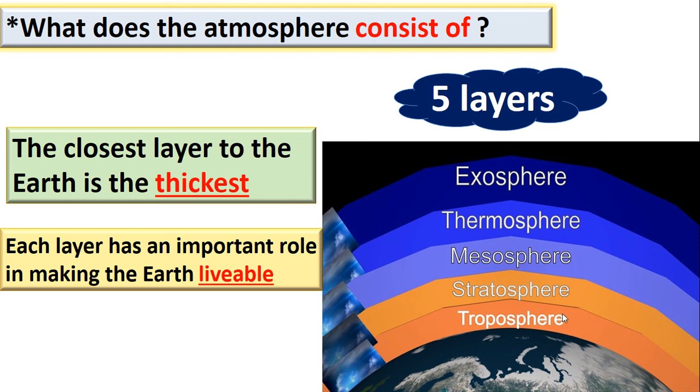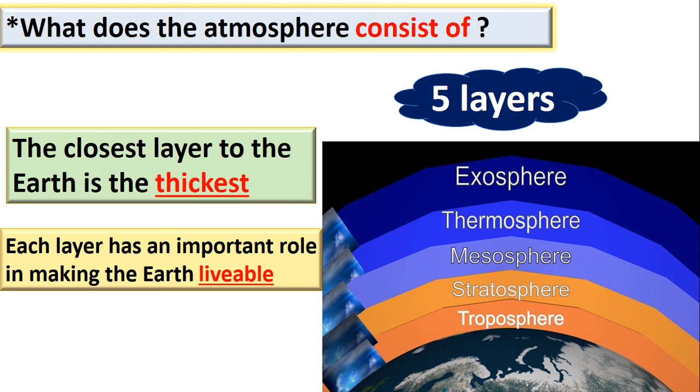So most of the gases inside the atmosphere are in the closest layer. So this closest layer consists of the most gases. So it is the thickest one. So the closest layer is the thickest layer.